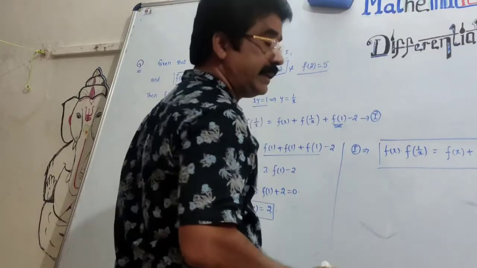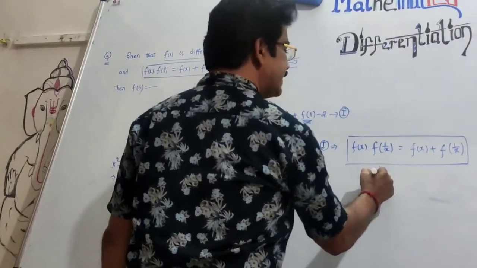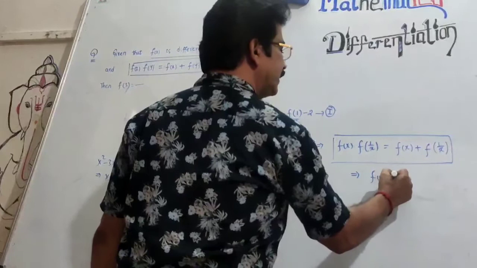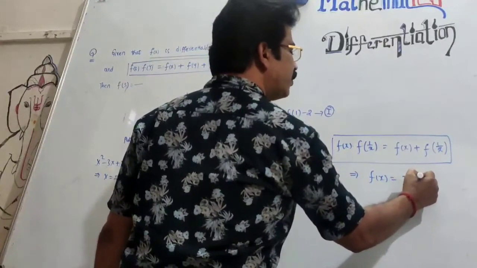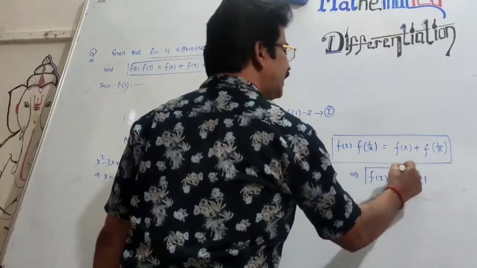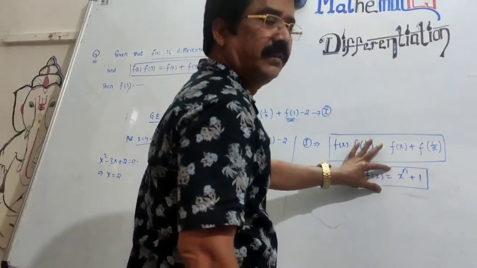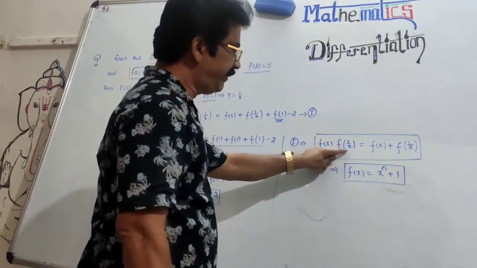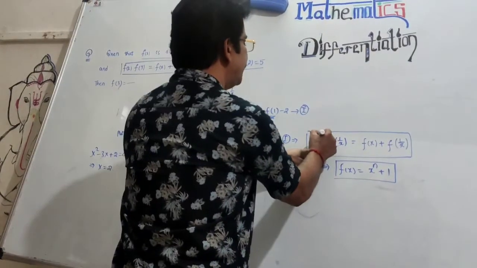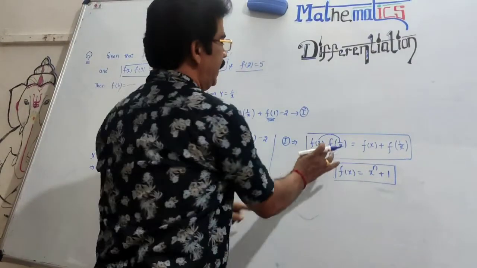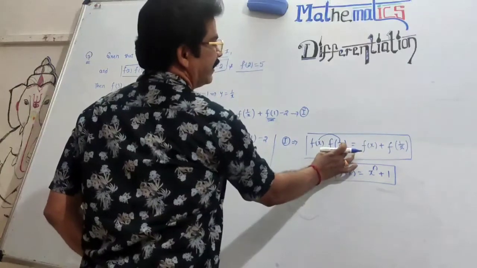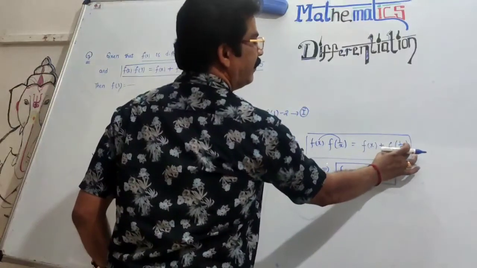And already I said that in this case f of x can be taken as x to the power of n plus 1. It is the standard result. This is the form, this is the function. Means f of x into f of 1 by x, x reciprocal 1 by x, f of x into f of 1 by x, f of x plus f of 1 by x.